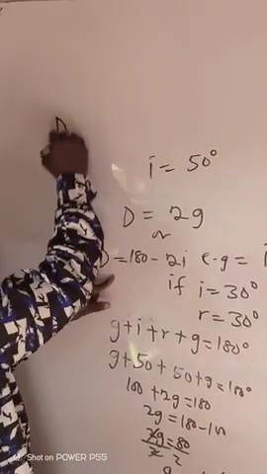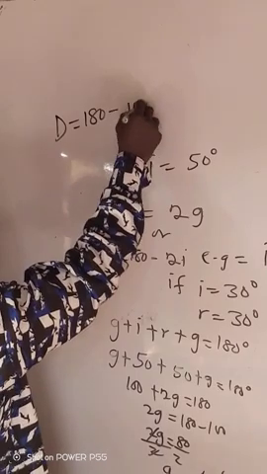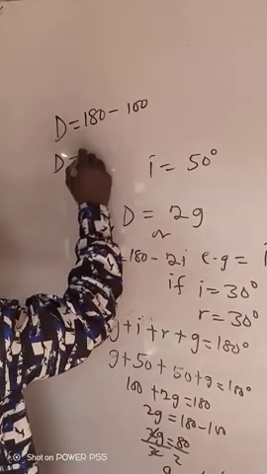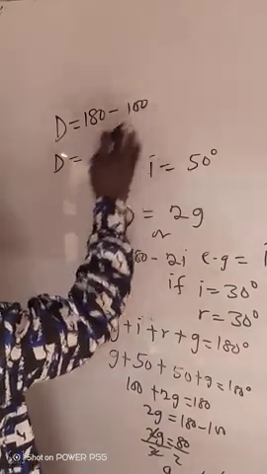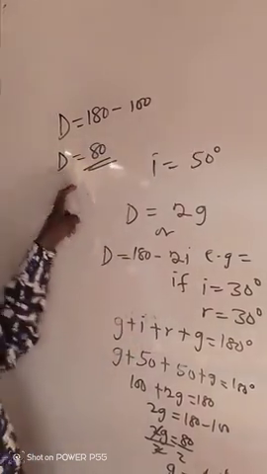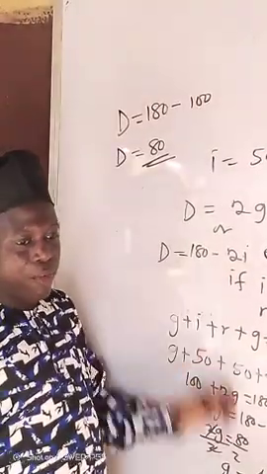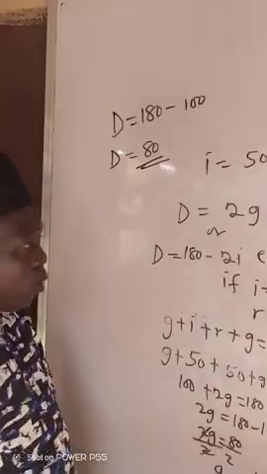The angle of deviation is equal to 180 minus 2 times 50, which is 100. Angle of deviation is equal to 180 minus 100, that is 80. Whether you apply this formula or the other, you are going to get the same answer for the angle of deviation.